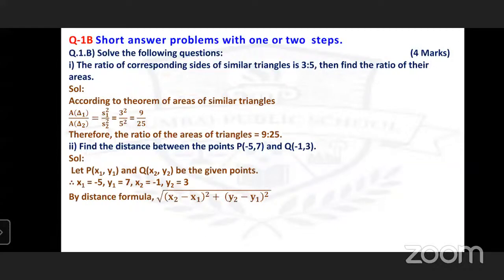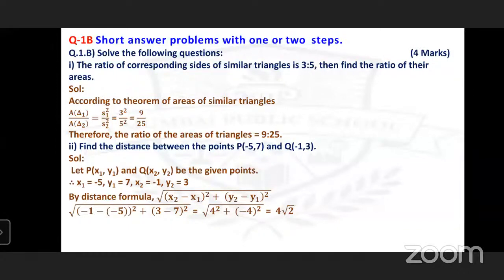Then substitute all the values. x2 is -1, minus of -5, square; y2 is 3, minus 7, square. So -1 plus 5 is 4, 3 minus 7 is -4. So 4 square is 16, and -4 square is 16, 16 plus 16 is 32.